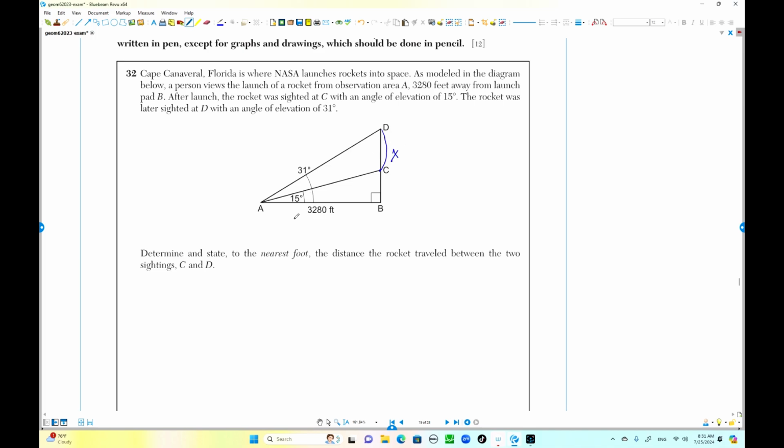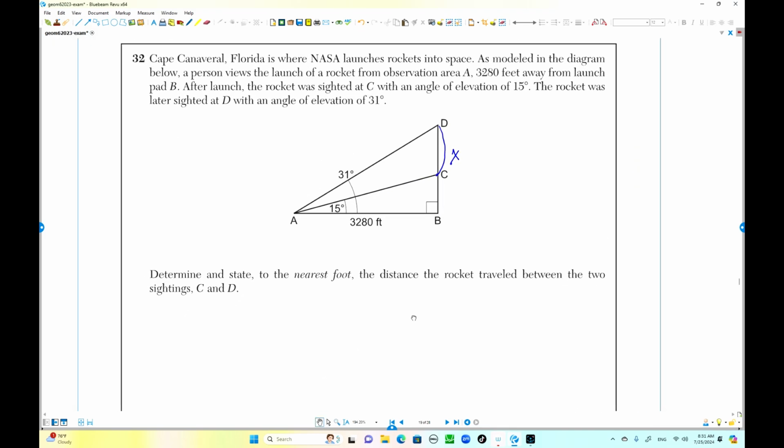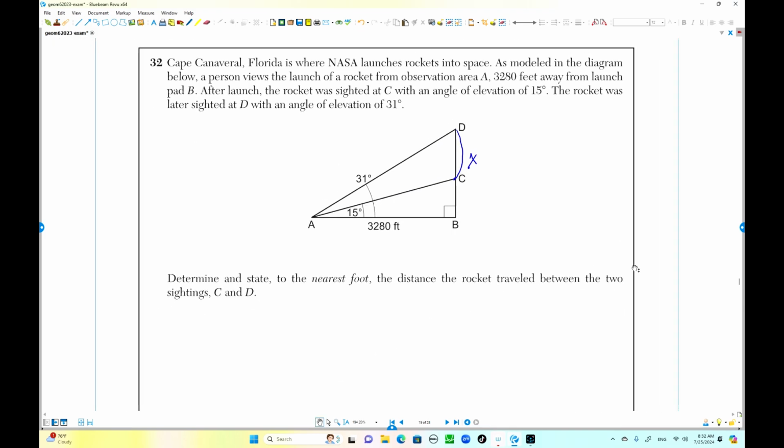Let me make it a little bigger. That is better. How can you find the length of CD? First, using this one, because this horizontal distance is given, and using the tangent of these two angles, we can find the opposite side. So DB equals how much?